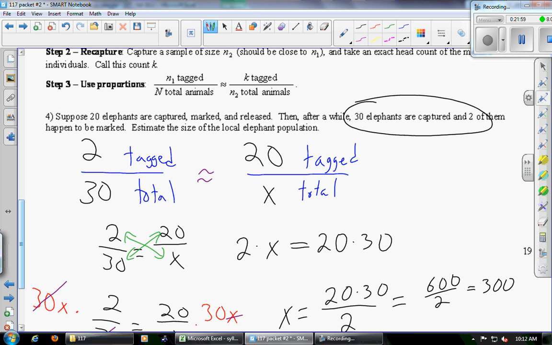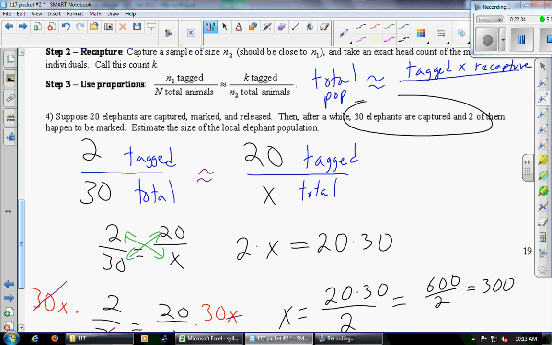So I think that Haley is basically giving us a formula here that says that the total population, there's that word again, is in theory, you multiply the number of tagged animals, that's the 20, number of tagged, times 30, the second number that we captured, and divide by, why was it 2?